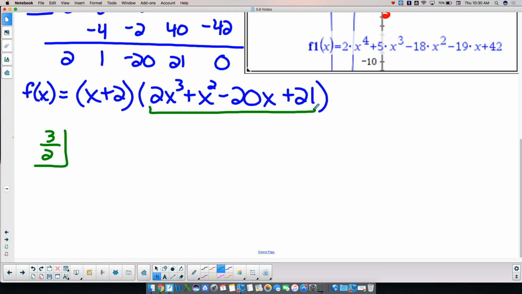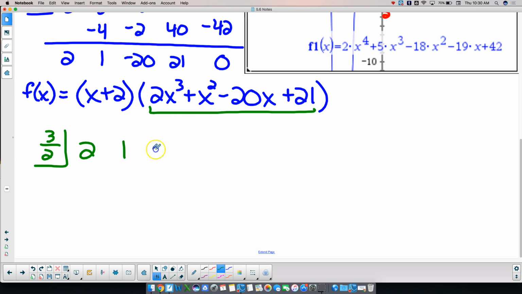I don't want to do it in the original one, because that's just going to give me another cubic function. So if it's a 0 of the original function, it's going to be a 0 of this subfunction too. Okay? So try it in that one.